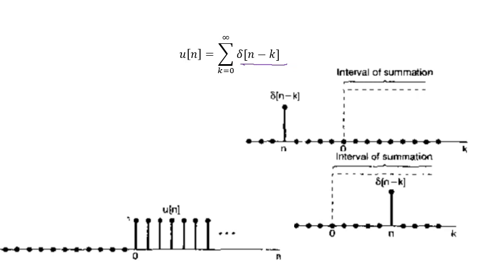Because for example, n here is, maybe we say, -5. If I subtract from -5, 0 to infinity, all these come to some negative value, right? And the impulse will only be 1 at this point. Why will it be 1?